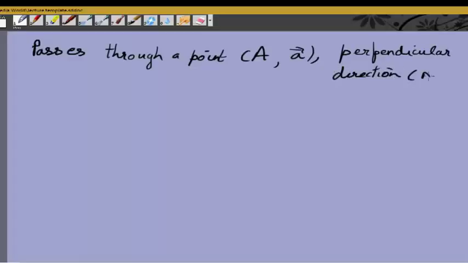I'll just assume we are given n cap, but we can be given the n vector or the direction cosines or the direction ratio. We know how to calculate the relationship between all four.